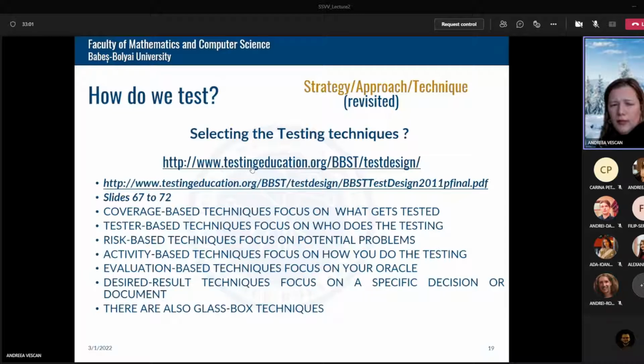You can go to testingeducation.org in the BBST class, and from slides 77 to 72, there are a lot of testing techniques that are basically split on different criteria. If you think of the coverage-based techniques, oriented to the tester, oriented to the risk, right? What are the possibilities of the application to fail based on the activities, evaluation, and so on. So there are a lot of testing techniques that you can use in your testing strategy, let's say.